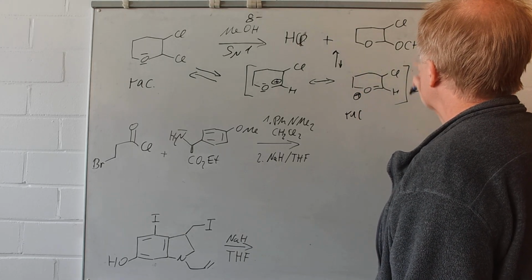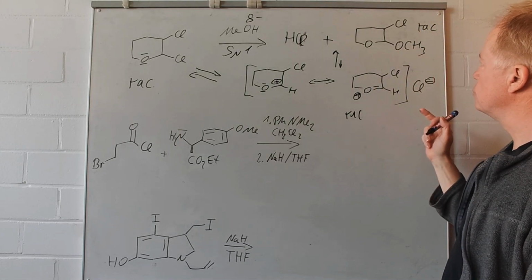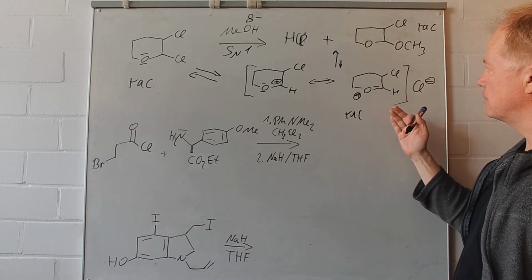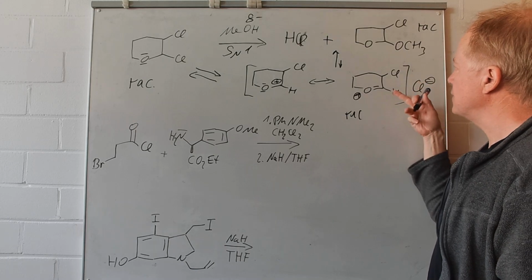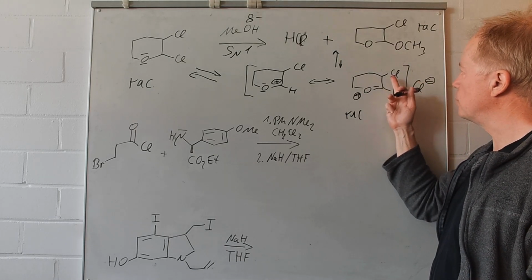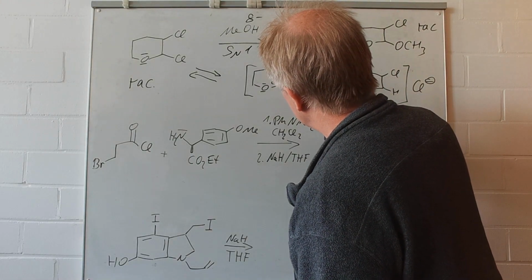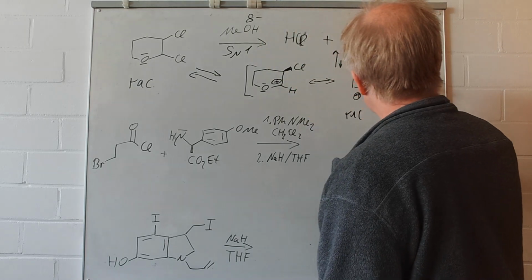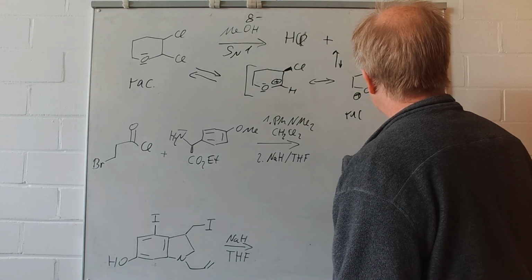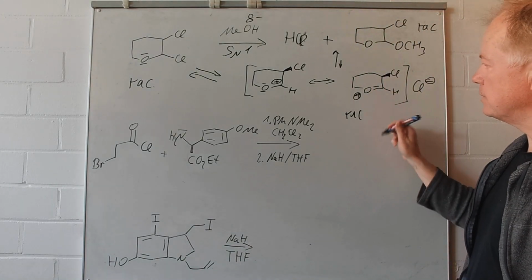get a racemate of this product, but the methoxy group will of course attack from the other side of that molecule compared to the chloride. So let us assume that we have a racemate, and in the drawing we just draw one enantiomer.